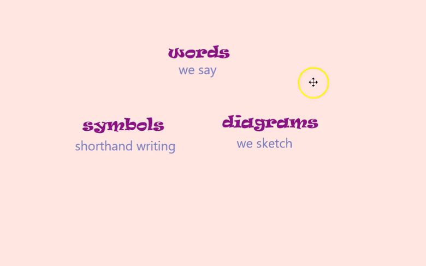Regardless of what kind of language is used, we have to be able to translate from diagrams to words, from words to diagrams, from symbols to words or to the diagrams. So it's constantly working with 3 different representations.